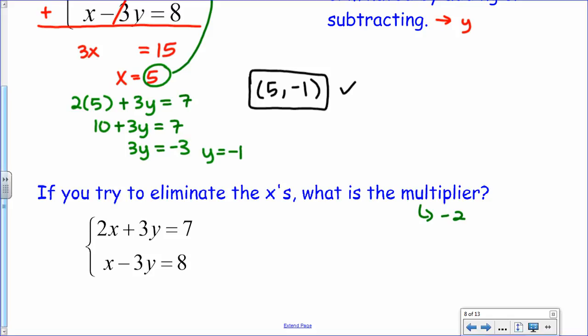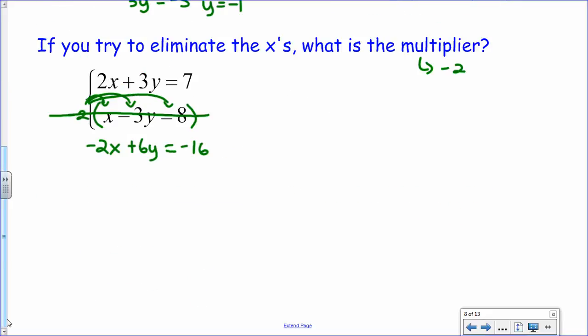So I multiply the whole bottom equation by negative 2. So that's negative 2x plus 6y equals negative 16. I'm going to cross this one off for now. And then my signs are opposite, so I can add.